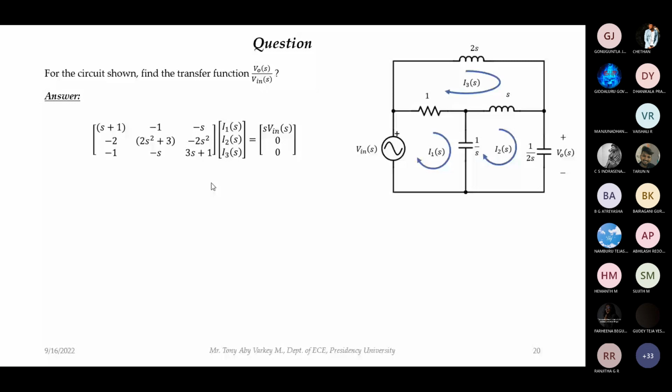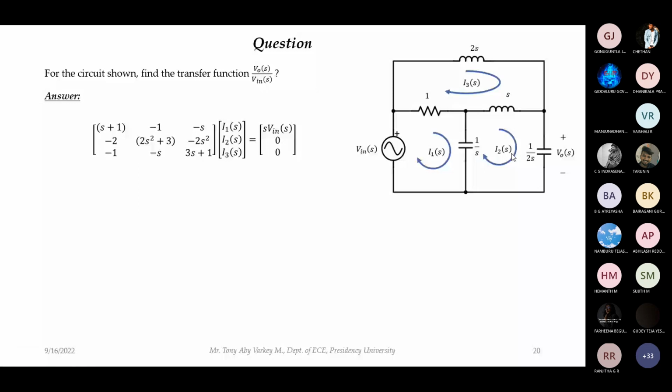Where is the output? Delta 2, because output is equal to what? What is the expression for output voltage? V output of s is 1 by 2s into I2 of s. Correct. Which means that I need to find out what is I2 of s. Correct. I2 of s, if you want to find out, what do we have to find out?